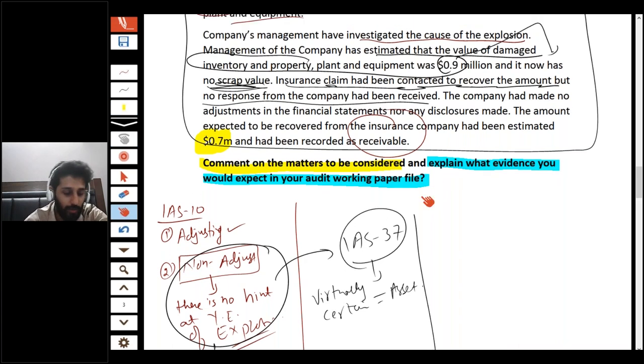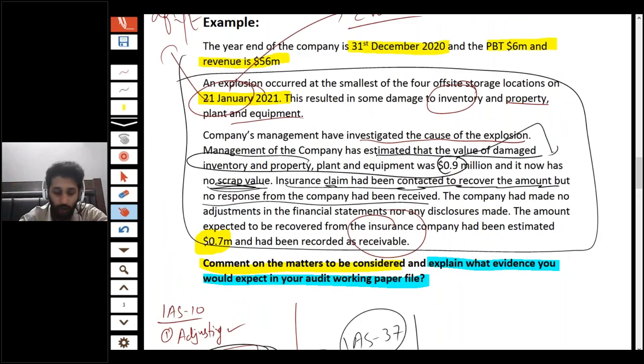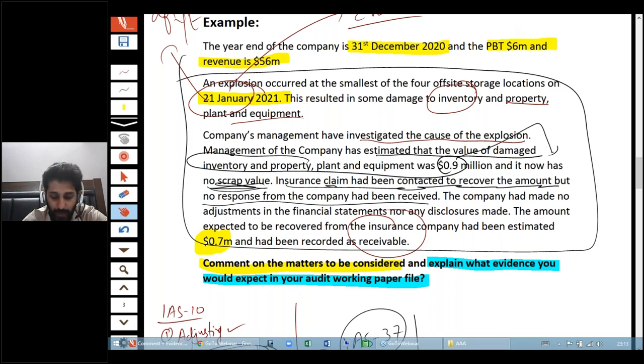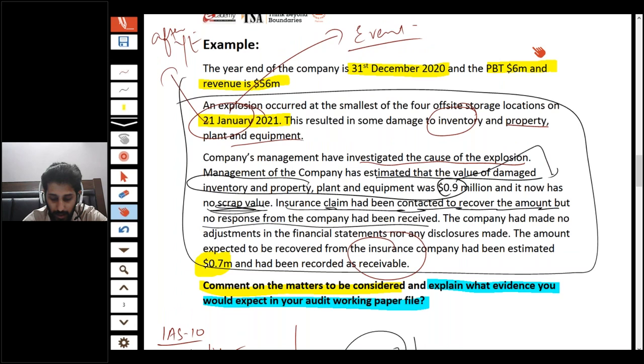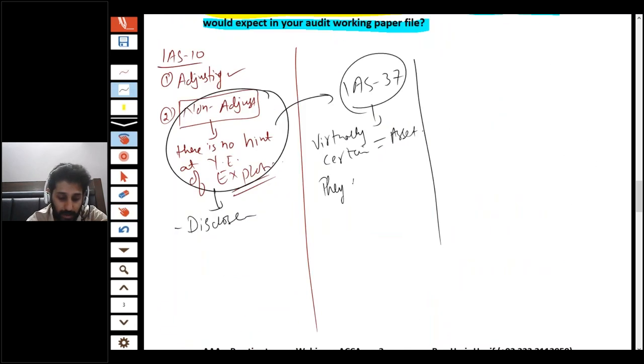Can you calculate the materiality of 0.7? That is 0.7 divided by PBT of 6 million. It's material, right? It's a material misstatement they are making. They have booked the asset, so the receivable is overstated.